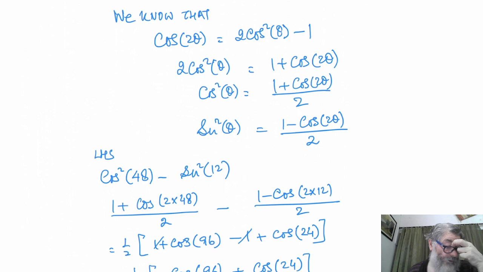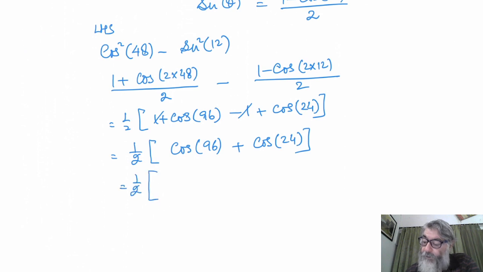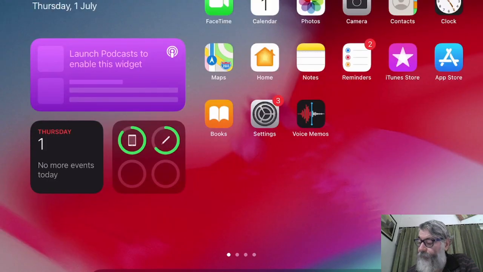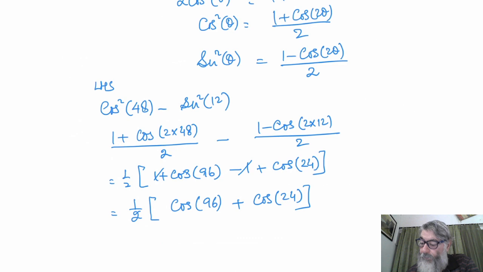Now it is cos C plus cos D. Cos C plus cos D is 2 cos C plus D upon 2 into cos C minus D upon 2.